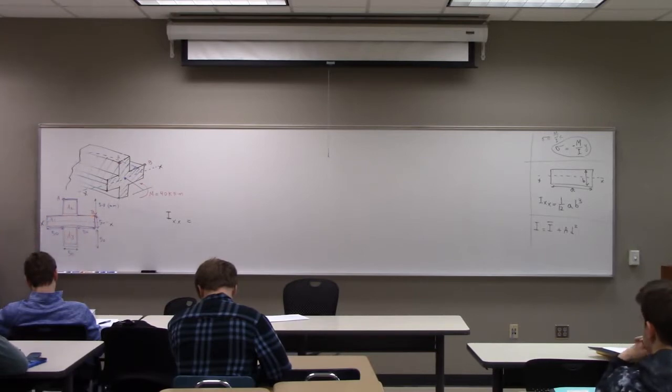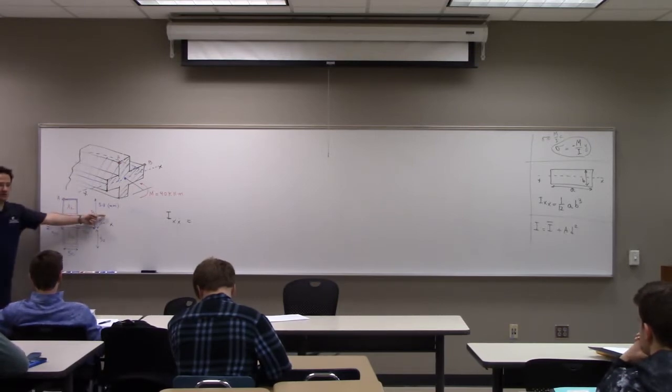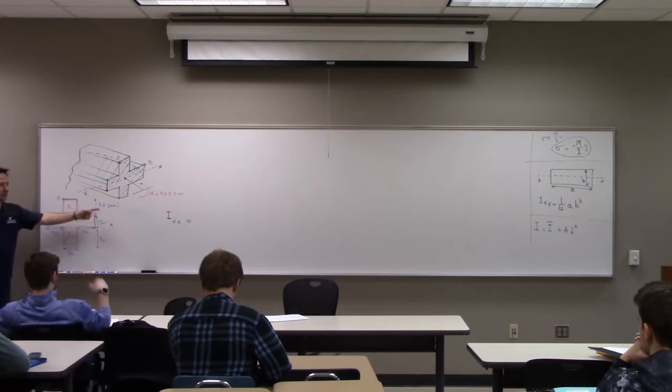Should I transfer it, yes or no? No, its local centroid is already aligned with the center I want. So there is no need to do the parallel axis theorem for this A1.